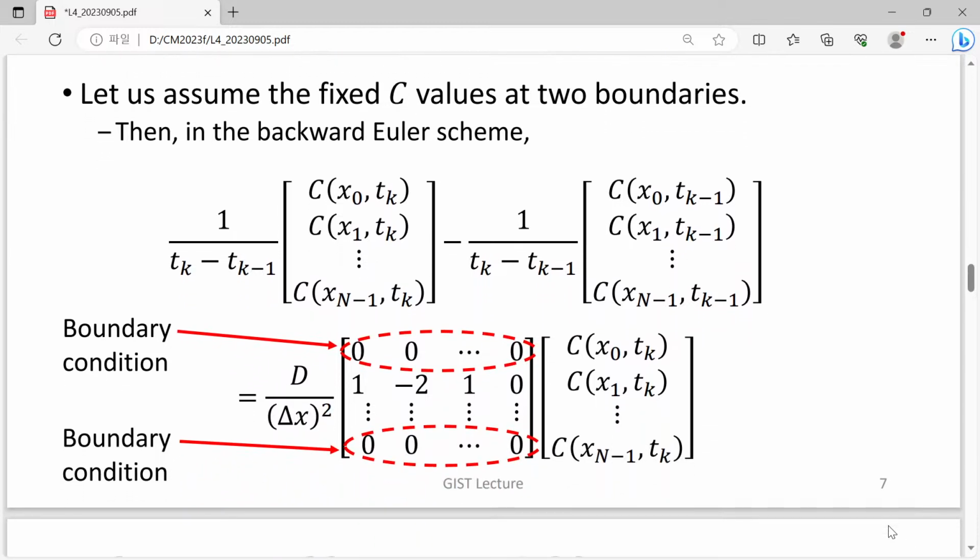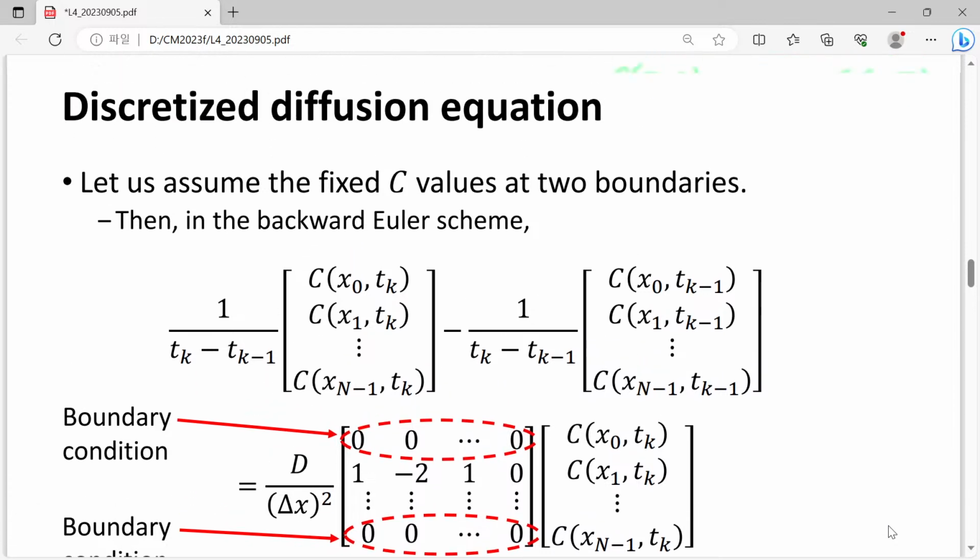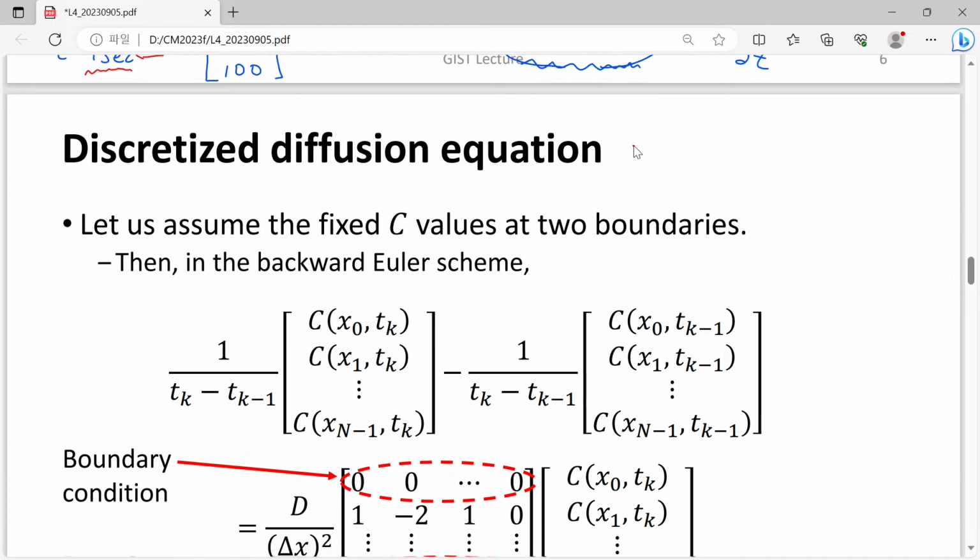So up to now we have successfully discretized our time derivative. Now let's try to build the entire diffusion equation. The left hand side was the partial derivative of c with respect to t, and the right hand side was the second derivative.